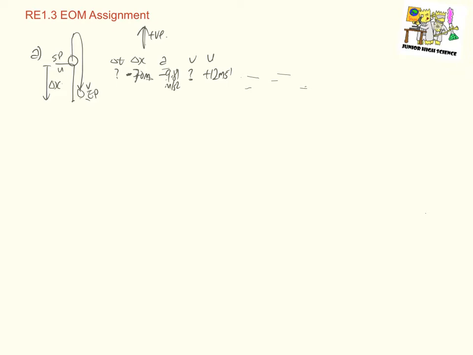With this, note your presentation, always state the equation first. So I'm going to use this equation today, s equals ut plus half a t squared.